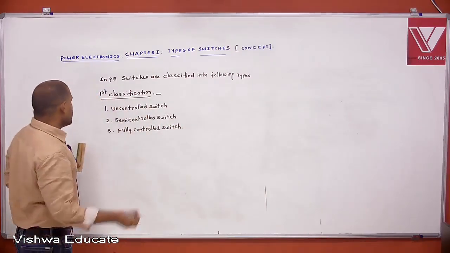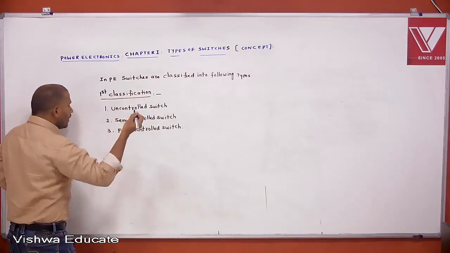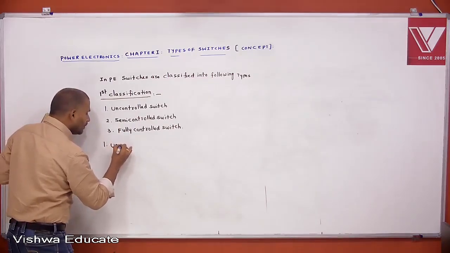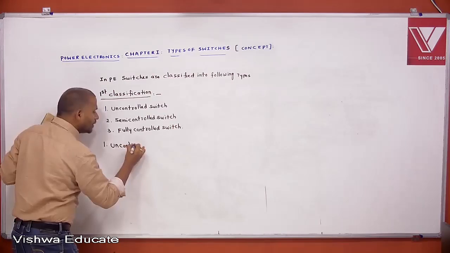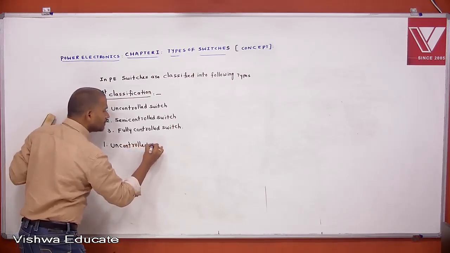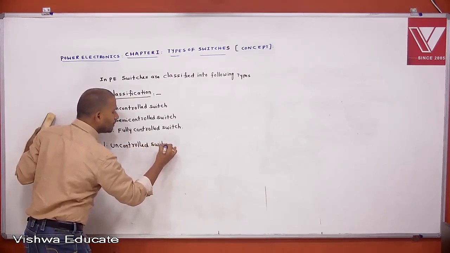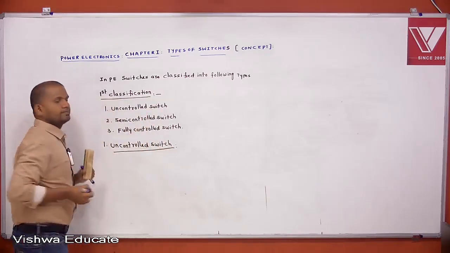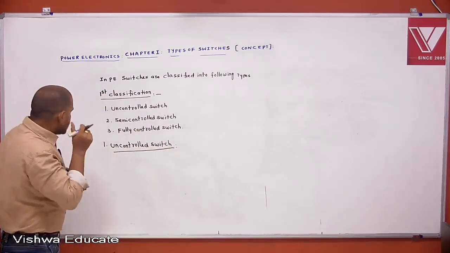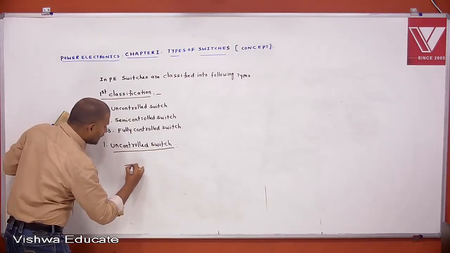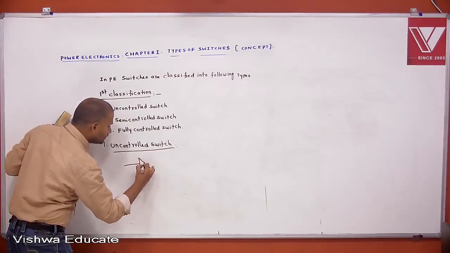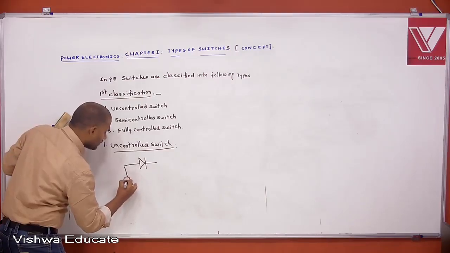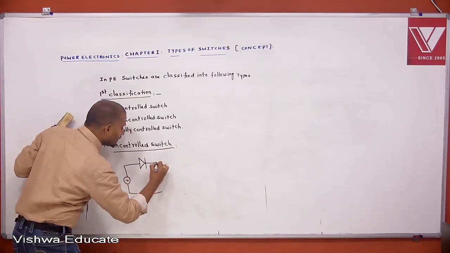Now see, what exactly is an uncontrolled switch, and what are the examples of an uncontrolled switch? Yes, let us consider a diode circuit connected with some load.